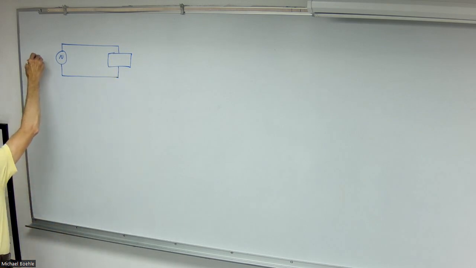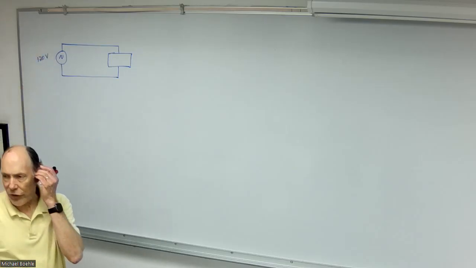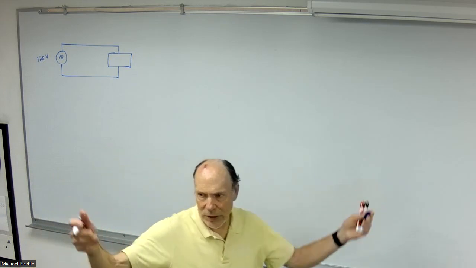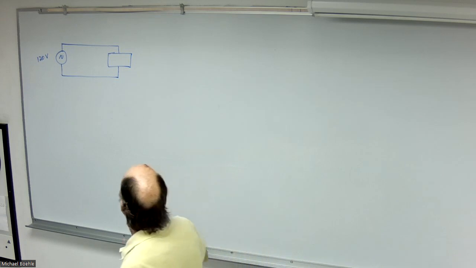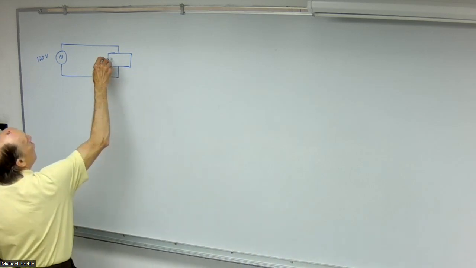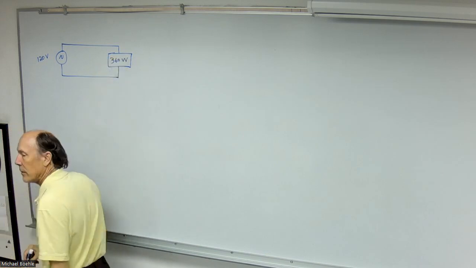These are not going to be standard values, but I'm going to have 120 volts RMS, right? What comes out of the wall? We'll just start there. Everybody's familiar with that. And I want to deliver 360 watts of power.